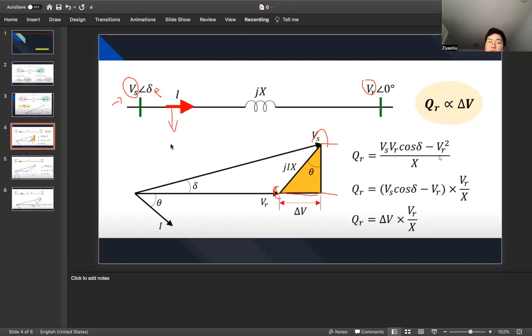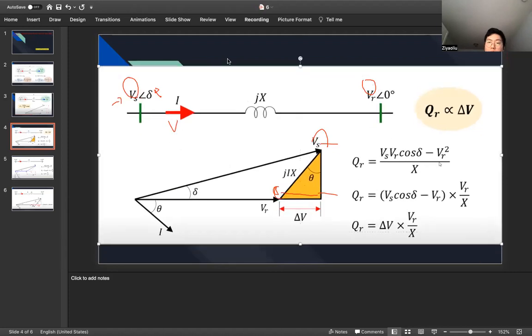For example, if we add more reactive current here, like this side, here is a cosine, right? And this is a sine, right?